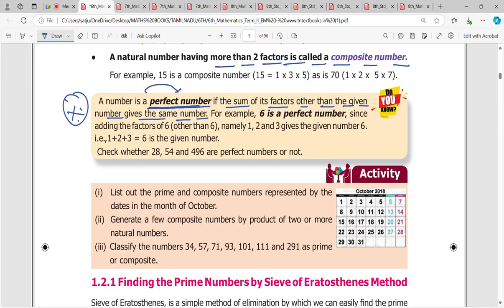Why? Because adding the factors of 6 other than 6. So other than 6, that is important. So factors of 6 become 1, 2, 3, 6. Apart from this number, if you are adding all the numbers, you will get the given number. So then you can call that a perfect number. Guys, understanding this perfect number, very, very important.